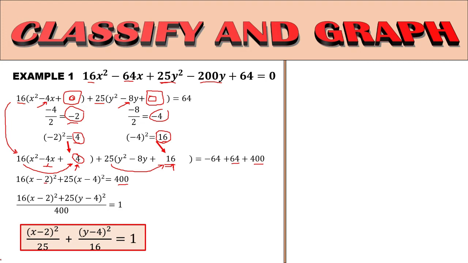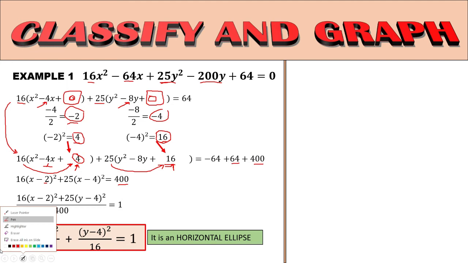Now I have the equation in the standard form of an ellipse. This is the ellipse in the standard form, and this is a horizontal ellipse because a squared, I'm going to change the color here, a squared is this one, is 25.